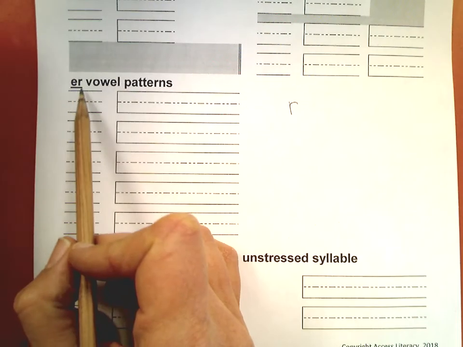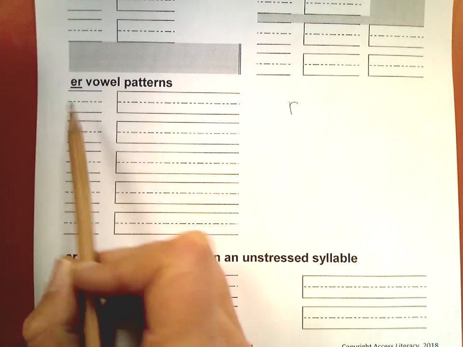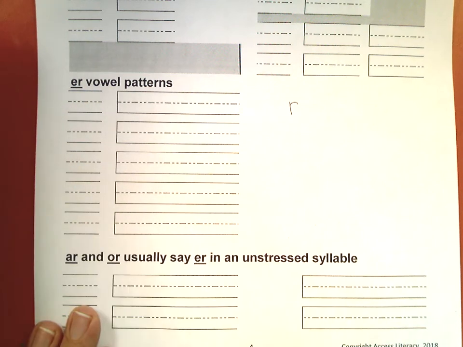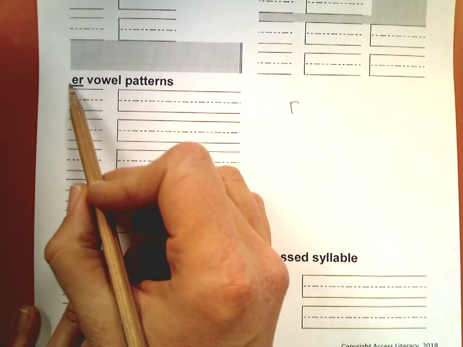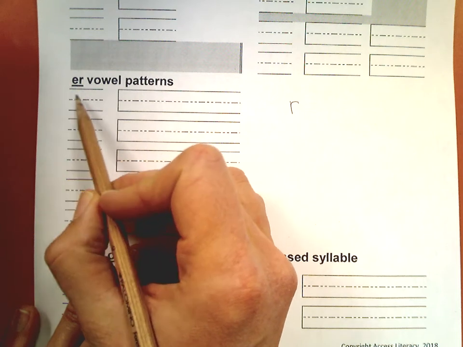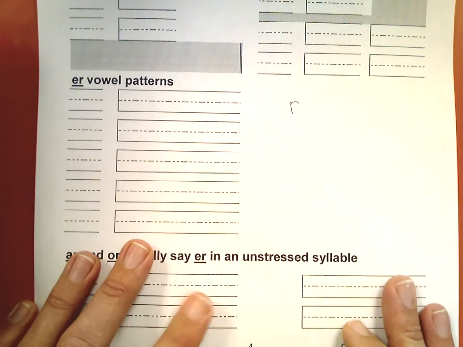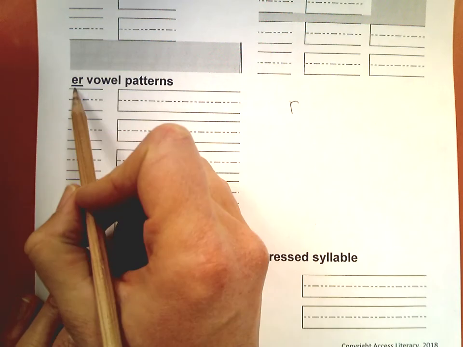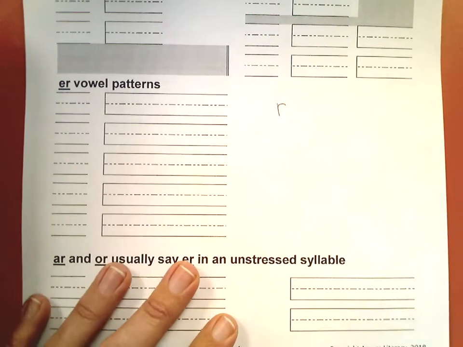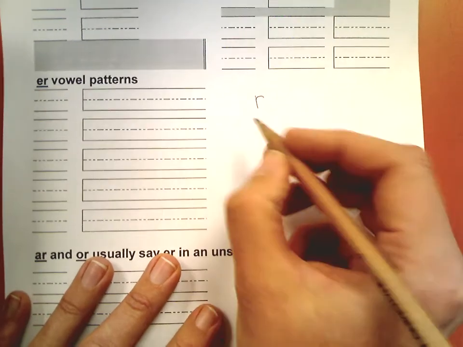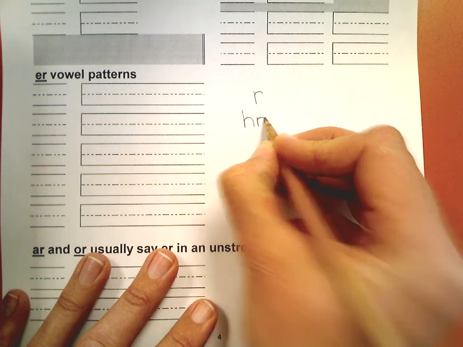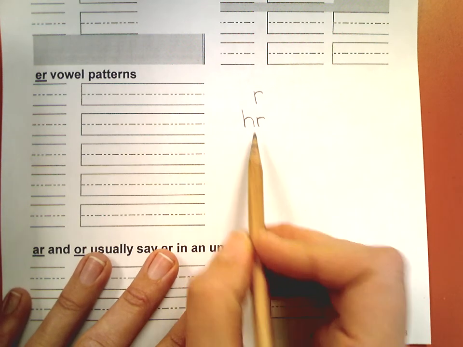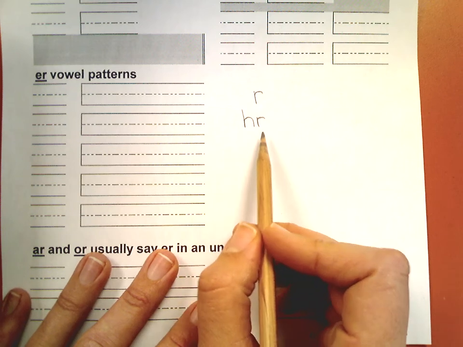I've wanted to make sure that we're saying it for this because remember how every syllable has to have a vowel, or here it would be a vowel pattern, multi-letter vowel pattern. I want us to make sure we hear that so that we know if, for example, we wanted to write the word her, we can't just write this. Because again, if we try and read this, it's not a word.